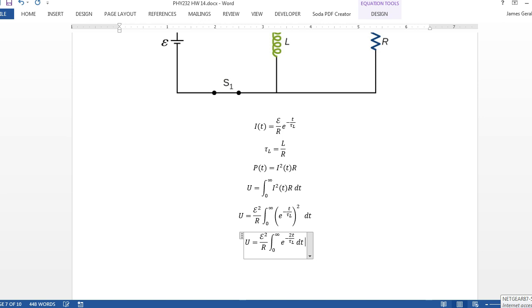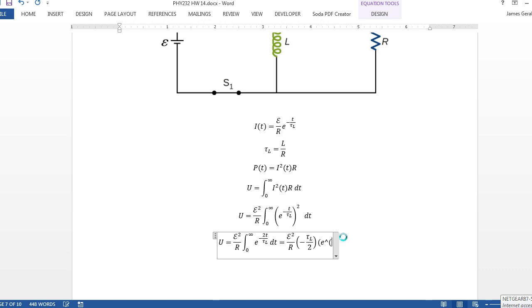So this is going to be equal to script E squared over R, times minus tau sub L over 2, and then we've got e to the minus 2t over tau sub L evaluated at infinity, which is going to be 0, right?